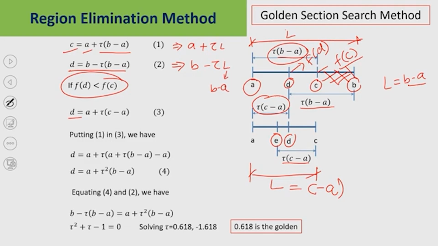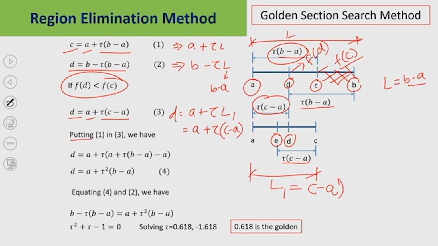D is A plus tau times (C minus A). So, D equal to A plus tau L1, suppose I say L1, which is equal to A plus tau (C minus A), is it not.